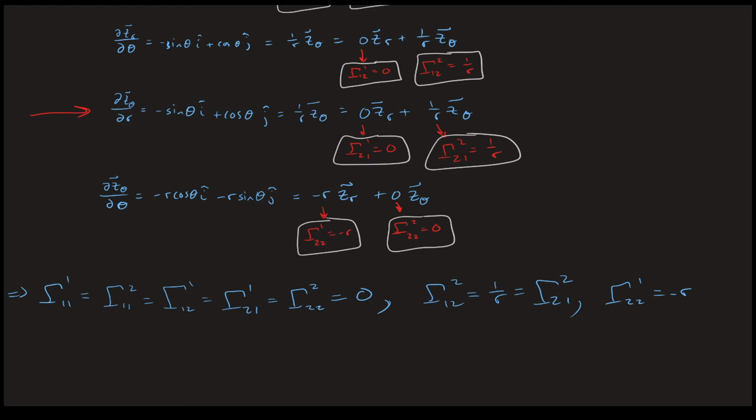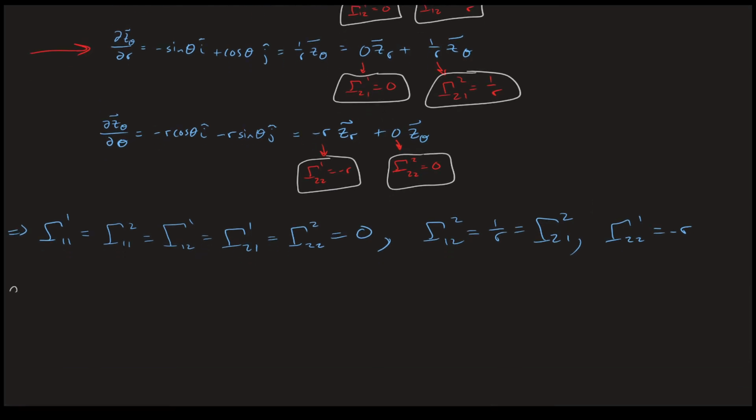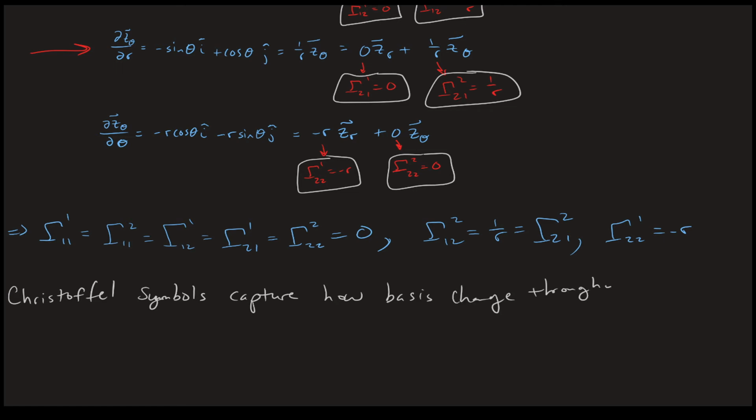So in summary, the Christoffel symbols capture how the basis vectors change throughout the space. It's the components of the rates of change of the basis vectors.